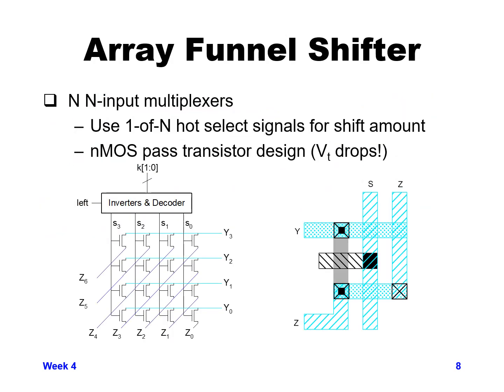This is showing one example of a way that you could generate a 4-bit funnel shifter using what's called an array functionality. So as I said, if you're using a funnel shifter, once you have the values of z and you know what type of shift you're doing and by how much, your value of k is how much, and left or right, and whether it's arithmetic or logical.